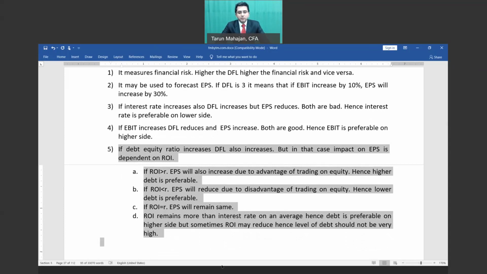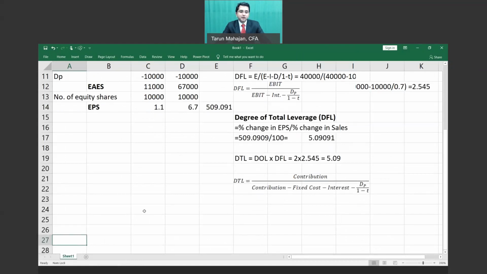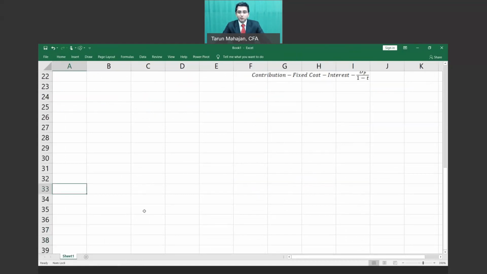So allow me to give you one example which will help us in capital structure decisions also. So now I'm creating one example which will be helpful in DFL as well as in capital structure decisions.